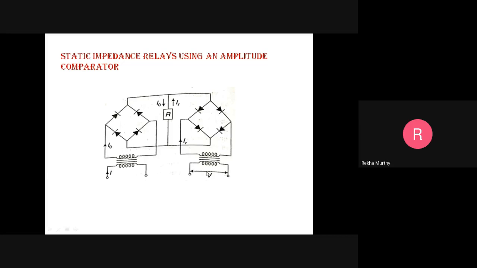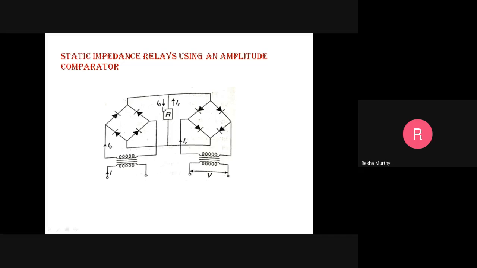As you know, the bridge rectifier arrangement is a current comparator. So it is supplied with the operating current I naught, and a restraining current, it is going to supply the restraining current IR. So I naught is proportional to that of the load current.